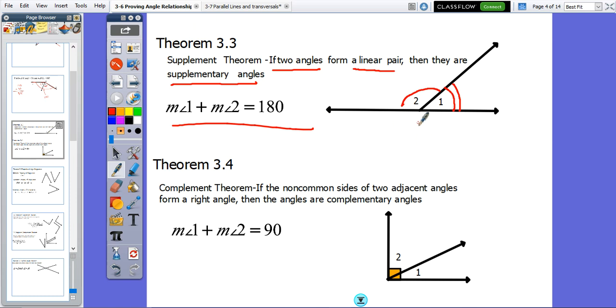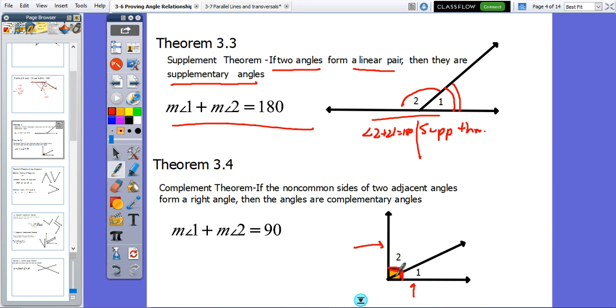So when you're doing a two-column proof and you say, hey, angle 2 plus angle 1 equals 180, you're asked, what lets you say that? Oh, the supplement theorem does. Same thing with the complement theorem. With the complement theorem, you have to know that the two non-common sides, the two rays on the outside, form a right angle.